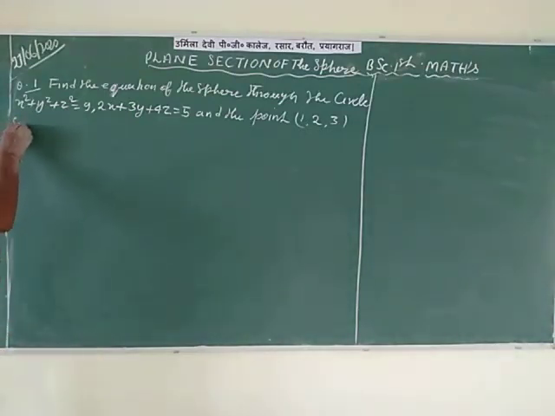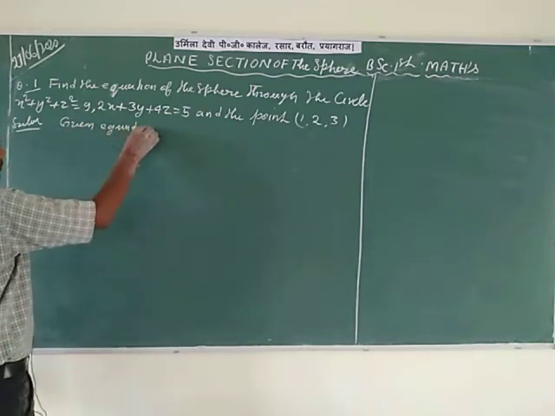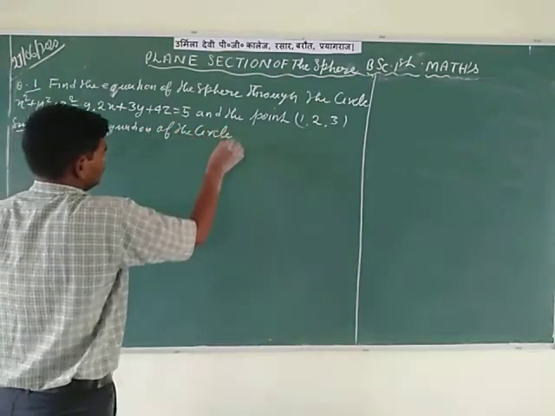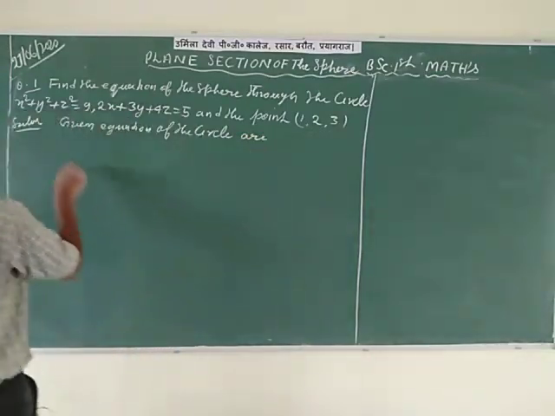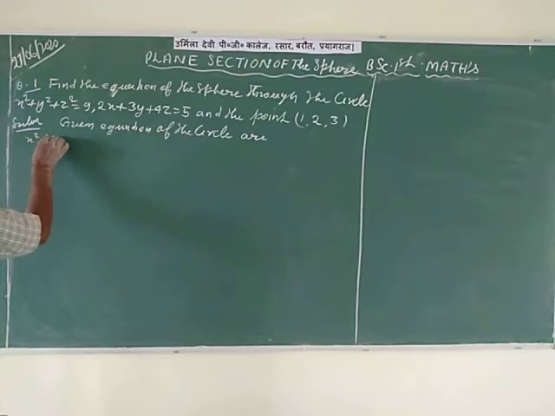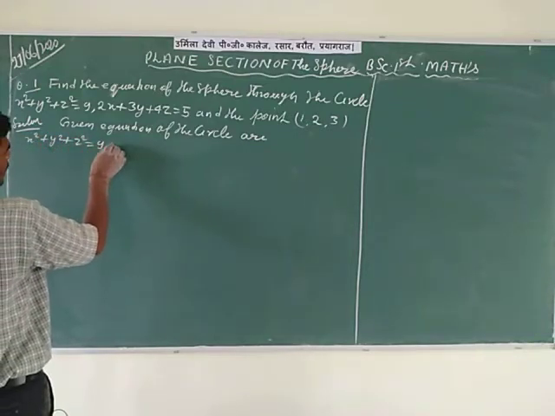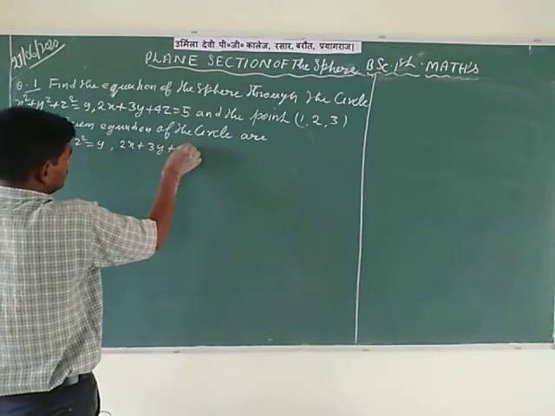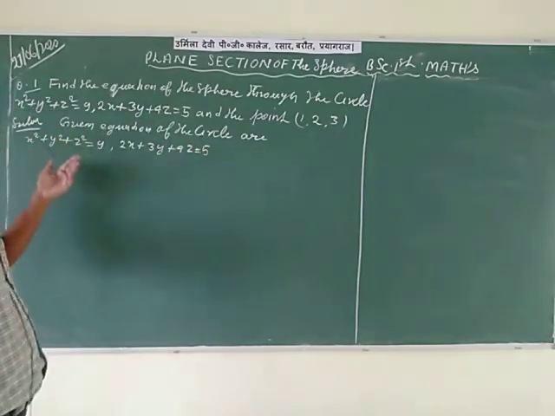So in the solution, given equation of the circle are x square plus y square plus z square is equal to 9, and 2x plus 3y plus 4z is equal to 5. This is the equation of the circle.